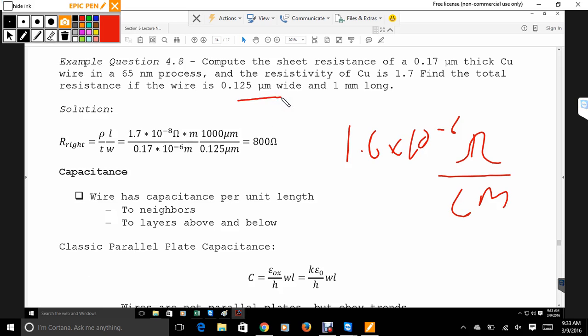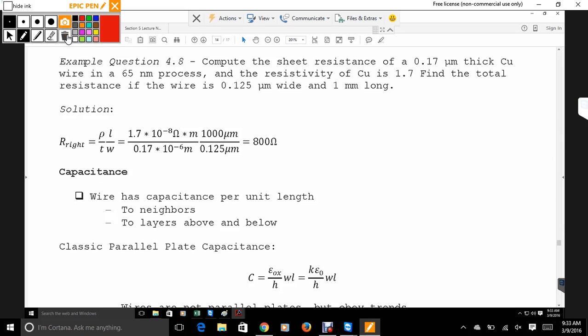So I just multiply by 10 to the negative 2 meters per centimeter, sorry, that's 100, and it goes to 10 to the negative 8.